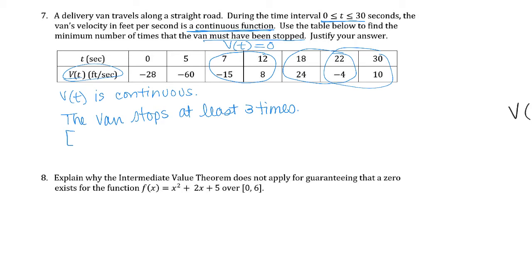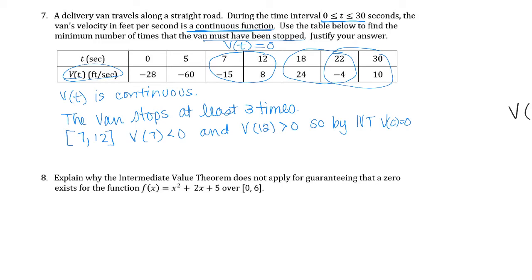So on the interval from 7 to 12, we see that v at 7 is negative and v at 12 is positive. So by the intermediate value theorem, v at some c has to be 0.